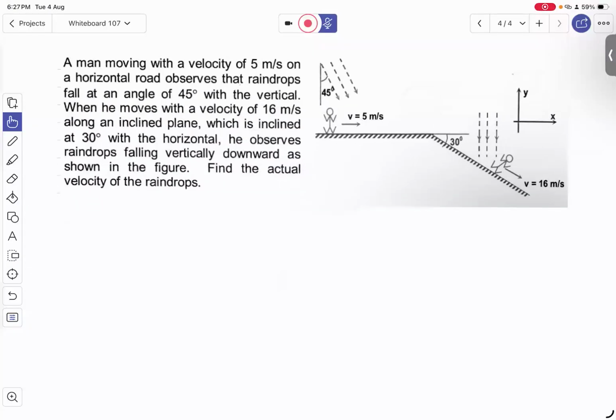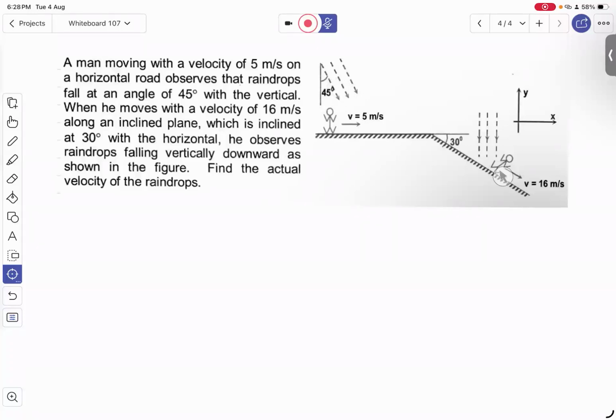Now check out this question, everyone. A man is moving with a velocity of 5 meters per second on a horizontal road here, and he finds that the raindrops fall at an angle of 45 degrees with the vertical like this.